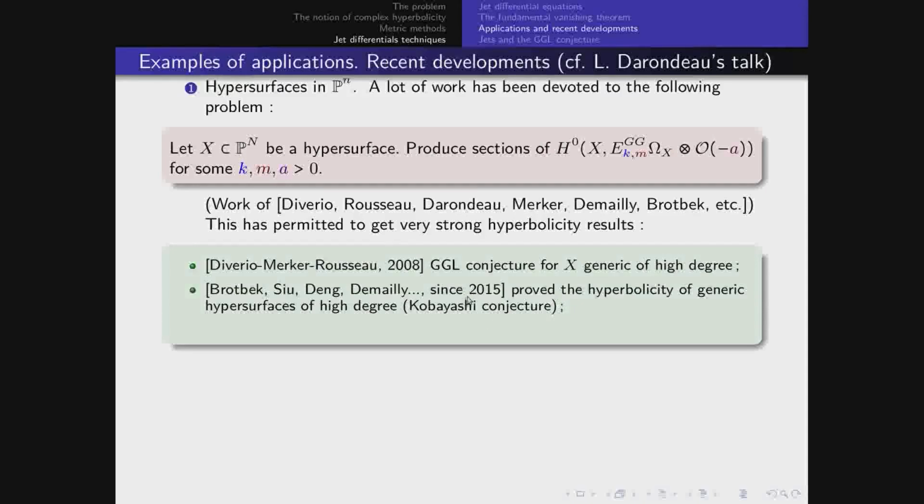And so this answers the conjecture by Kobayashi, and there is one result that Lionel will probably talk to you about in his talk.